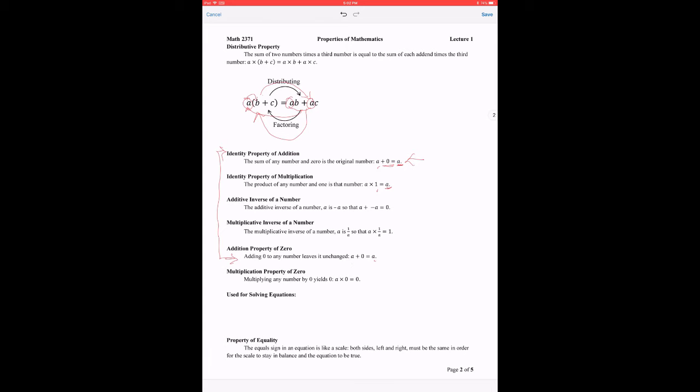The next little thing I'm going to talk about is equations, and the one thing that you need to know is that what you do to one side, you must do to the other. You must keep everything balanced.